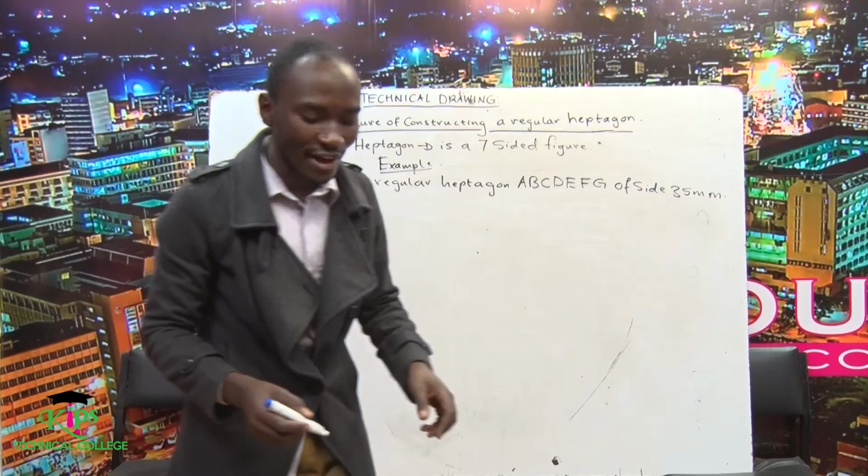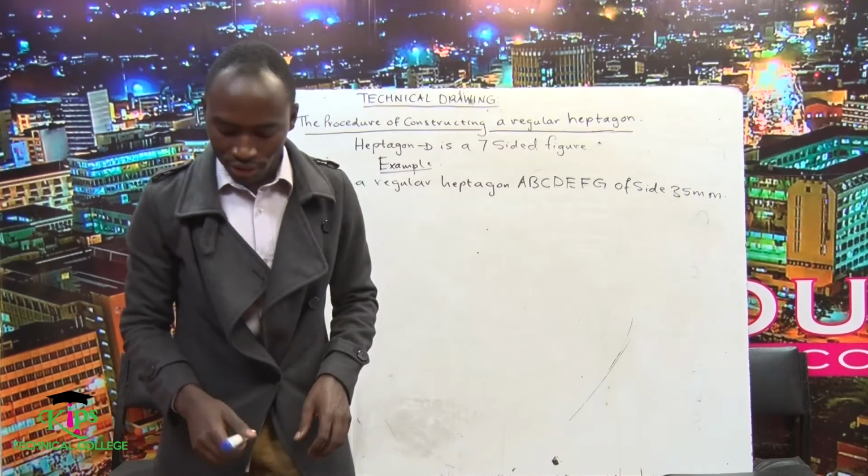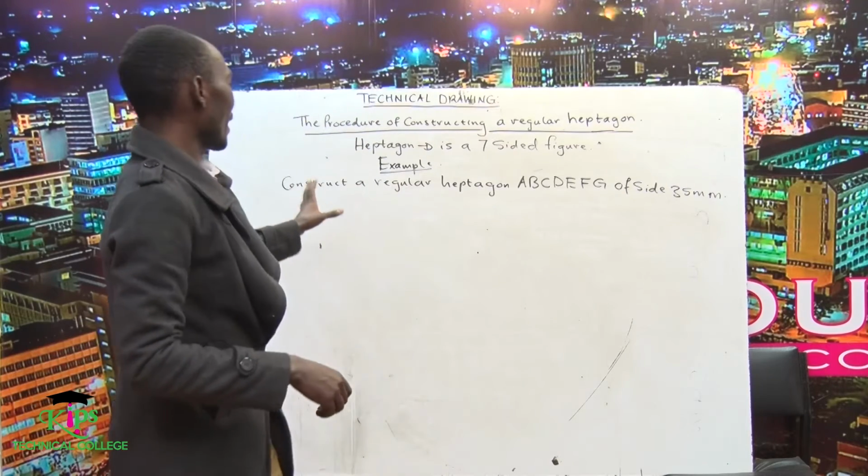Here you have been given 35 millimeters to construct the heptagon.